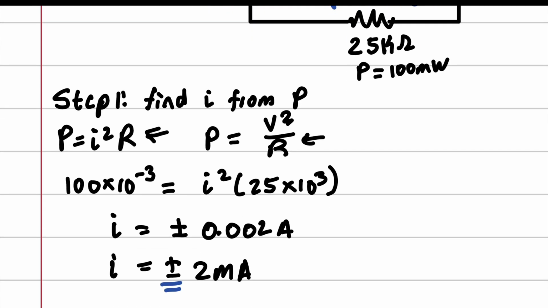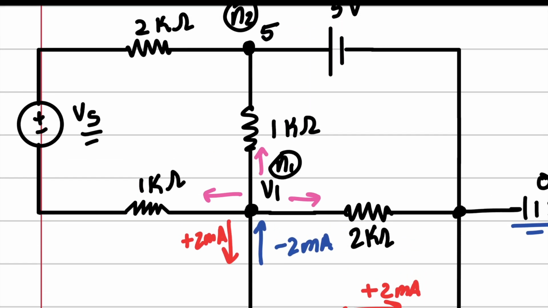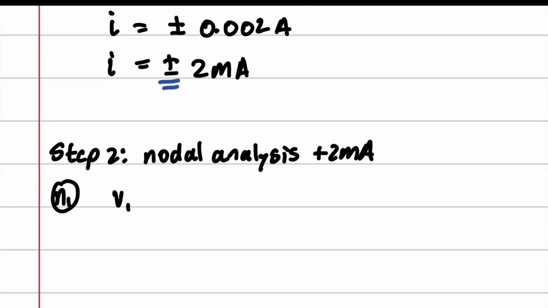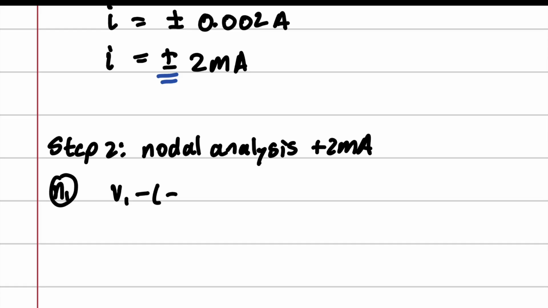So we're going to do V1 minus negative Vs over 1K. I typically like putting 1K because it's easier than putting 1 times 10 to the 3. Just remember that, okay?